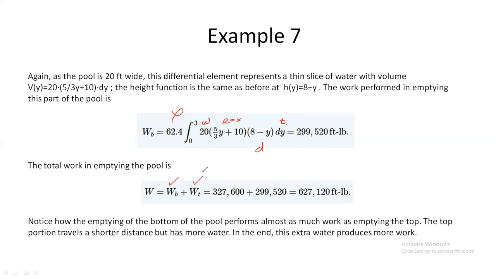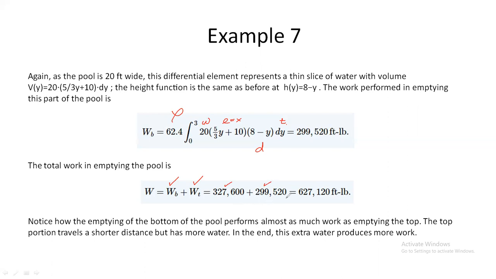Now, the total work done would be the work in pumping the fluid at the bottom and at the top of the swimming pool. So these are the two works. This would be the total work. Now, notice how the emptying of the bottom of the pool almost requires the same work as that of emptying the top. So this is the bottom and this is the top.